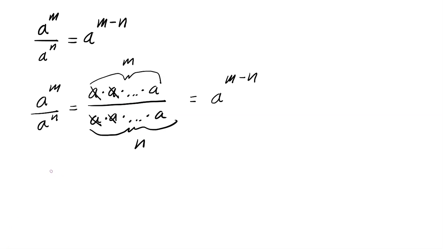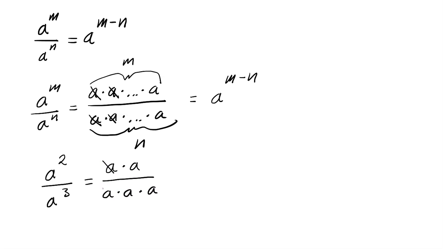So let's take an example of the last situation to see what it would mean. So we take a raised to the power 2 and a raised to the power 3. So this is a times a. This is a times a times a.